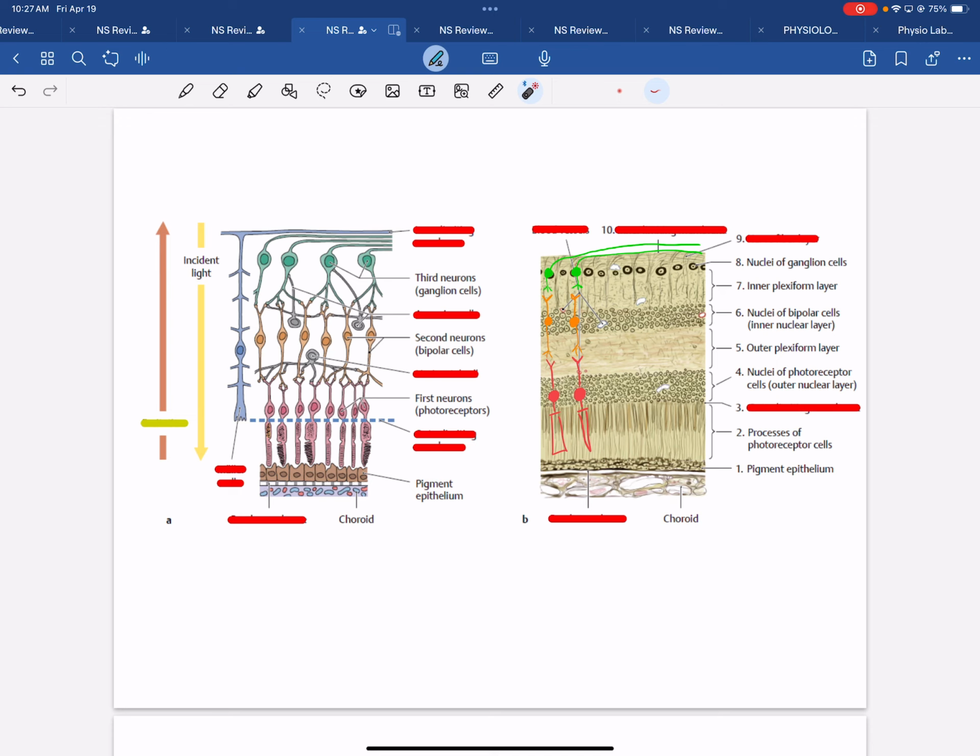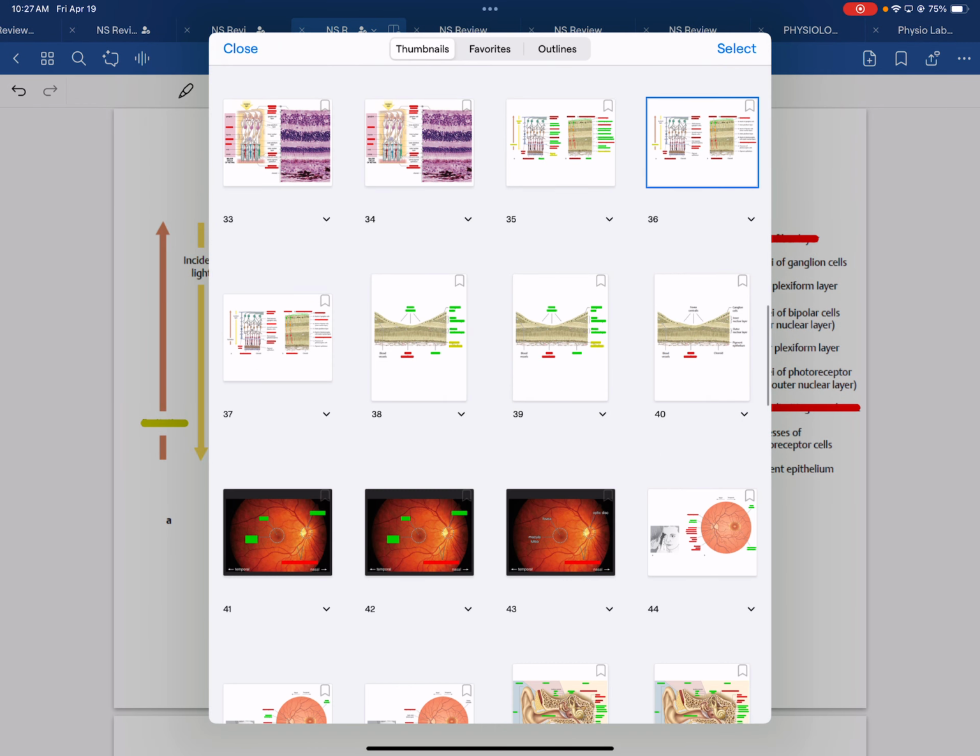So there's only 2 synapses here in the retina, but the next one is the thalamus, and then the next one is in the occipital lobe at primary visual cortex. And some of them probably go to association areas, yes. Good. Okay.